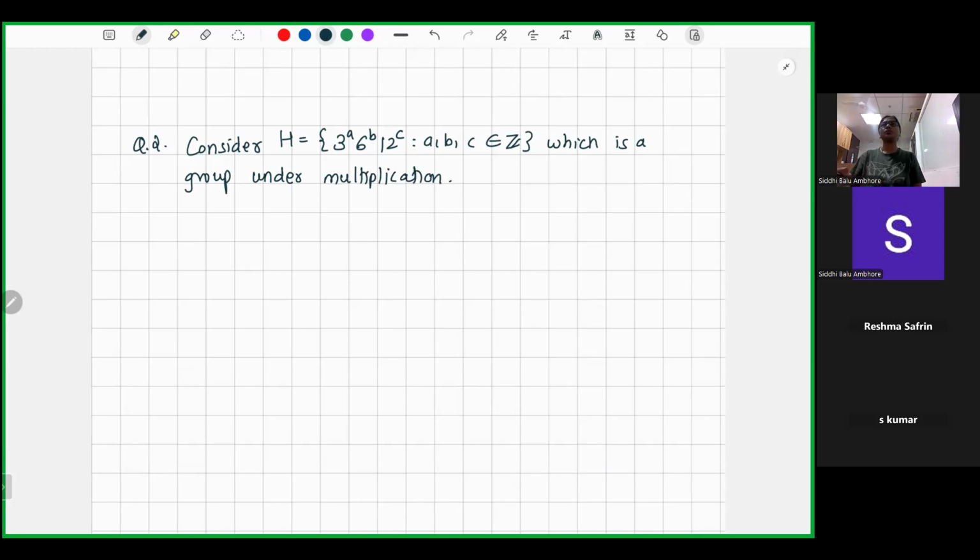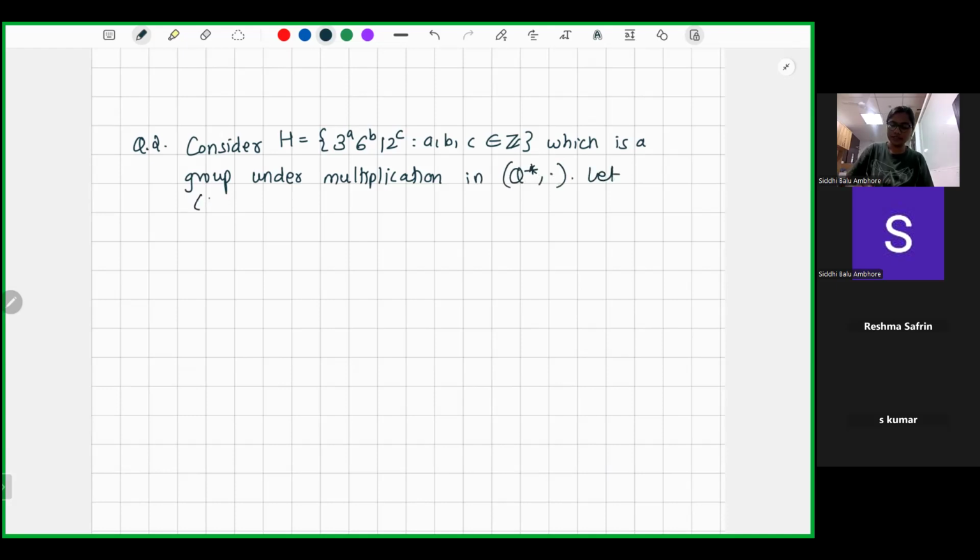Okay, this is a group under multiplication in Q, or in Z itself, doesn't matter. No, we are considering it as a group in Q, multiplication in Q, and Q star, in fact.